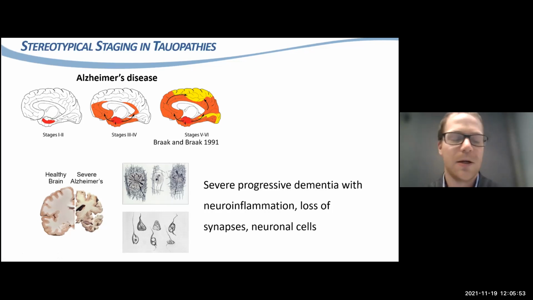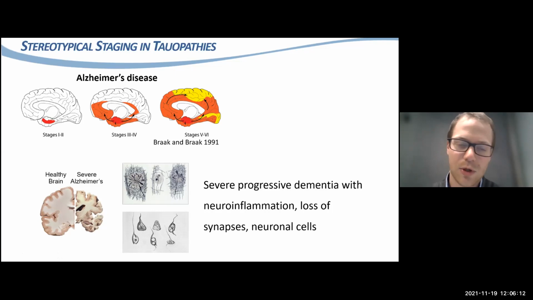Usually people say that it starts in the entorhinal cortex, and then it spreads from the entorhinal cortex to connected regions such as the hippocampus, and then more regions, and so on and so on.